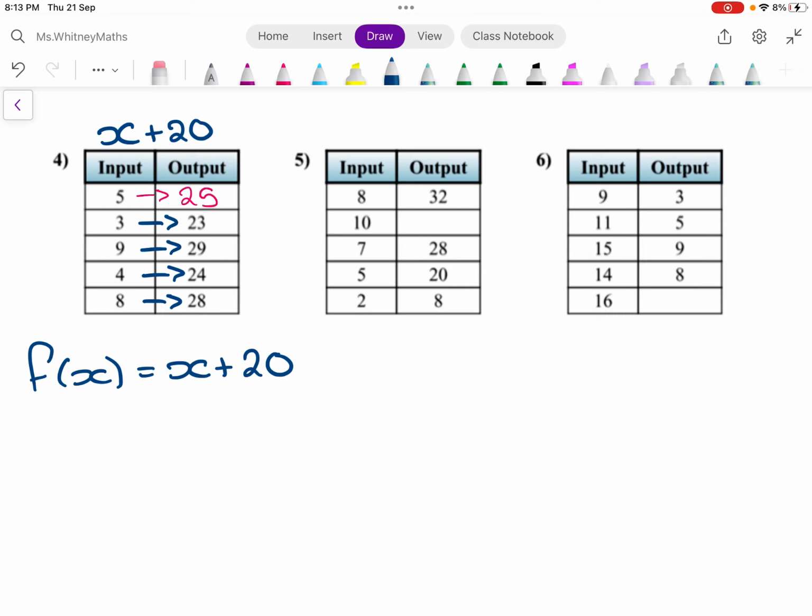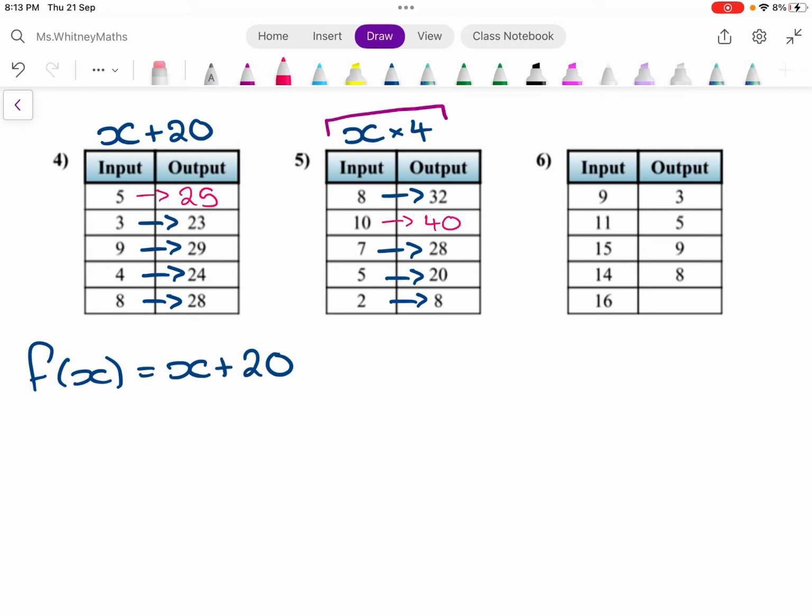Okay, for number 5, we have x here. What are we doing to each of these numbers? We can see we are timesing by 4. And again, let's try to write this in a more high-level way. Missing number is going to be 40.